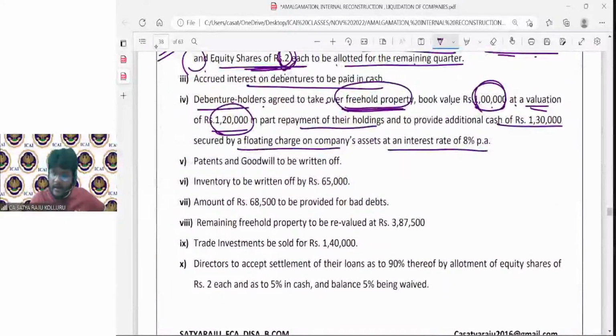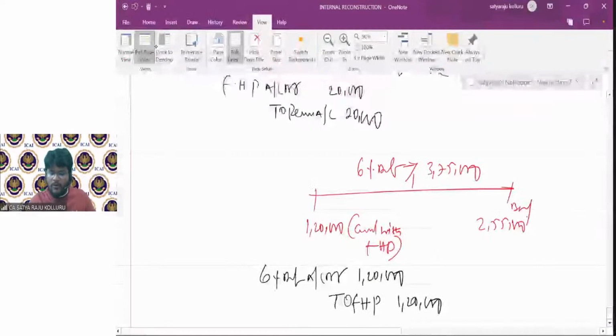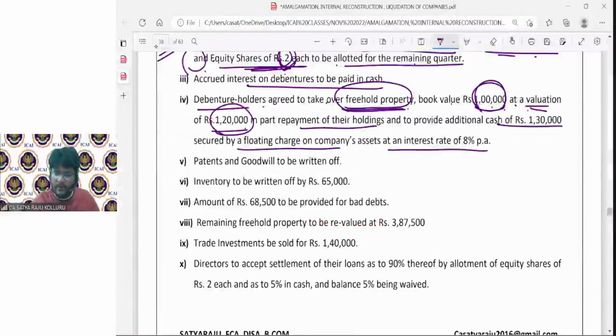Debenture holders agreed to take over freehold property of book value 1 lakh at a valuation of rupees 1,20,000 in part repayment of their holdings. Now, out of the debenture holders, only part repayment is settled. Remaining part payment is there for 2,55,000.